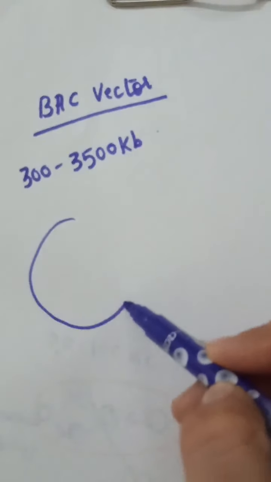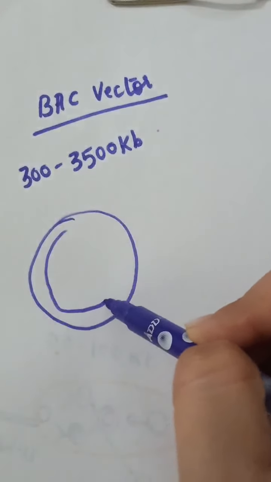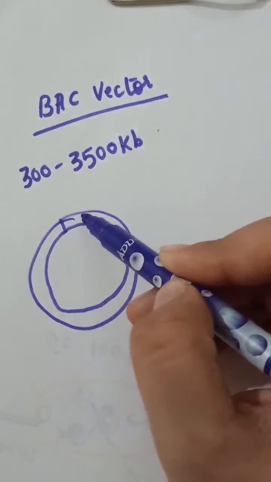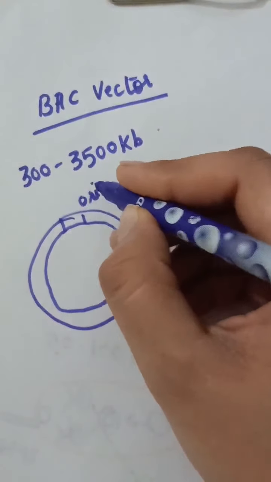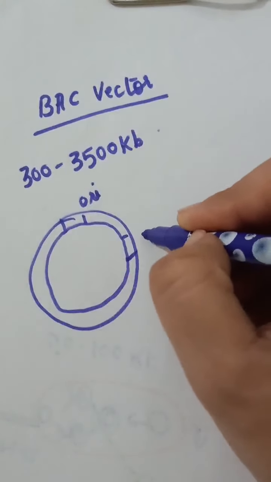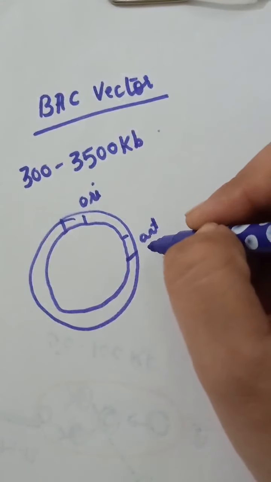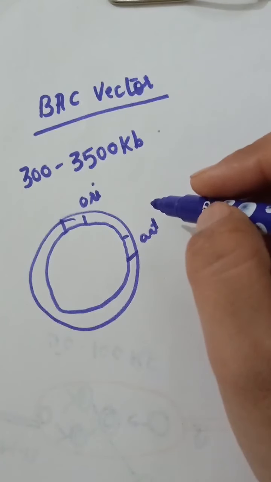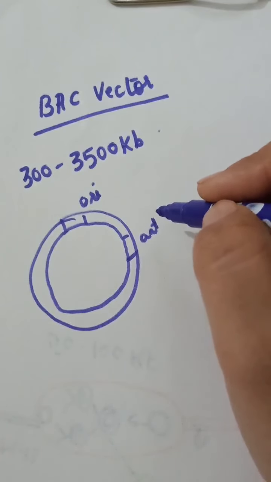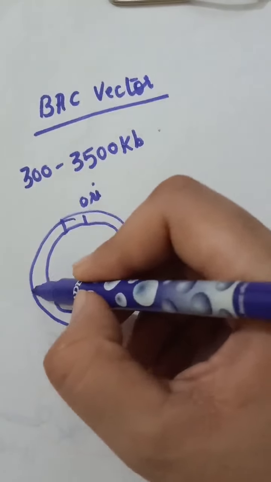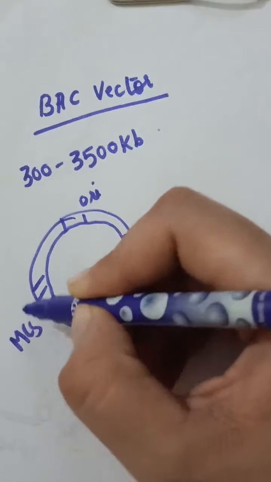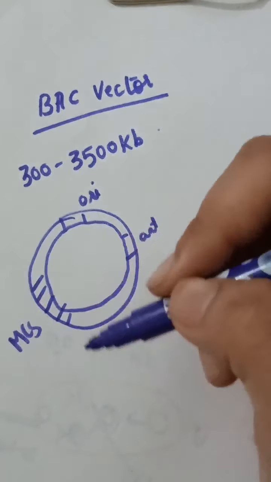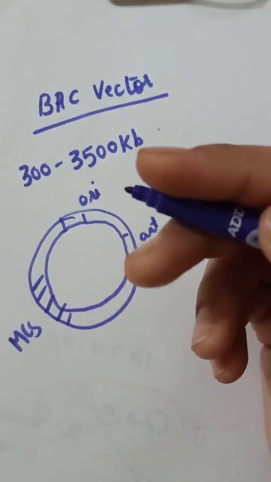So these are BAC vectors. Again, the genes present in BAC vectors are the ORI region, antibiotic resistance genes for different antibiotics, a maintenance gene for the F factor, and restriction sites, generally multiple cloning sites for many enzymes, so that we can use different enzymes for the restriction of DNA.